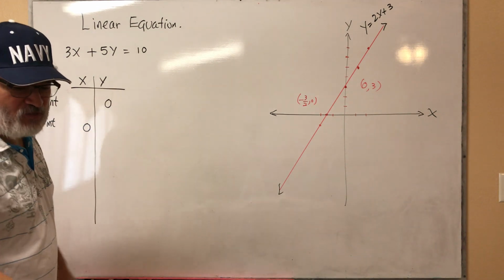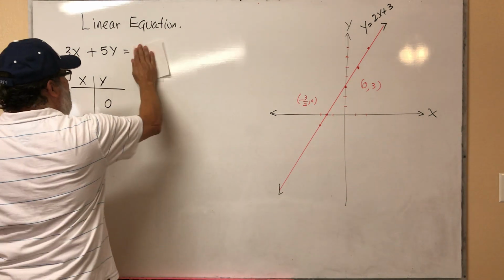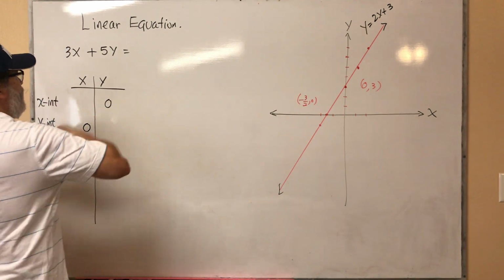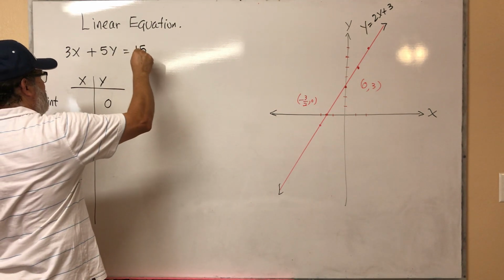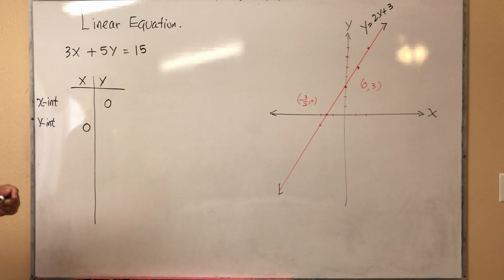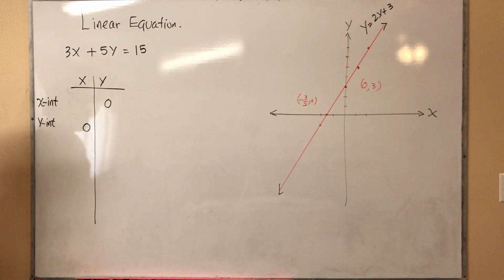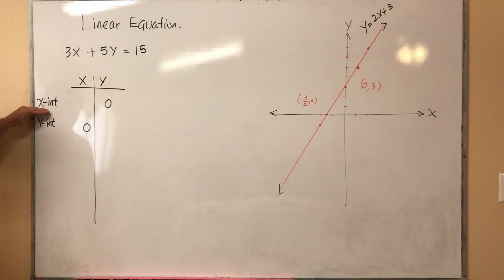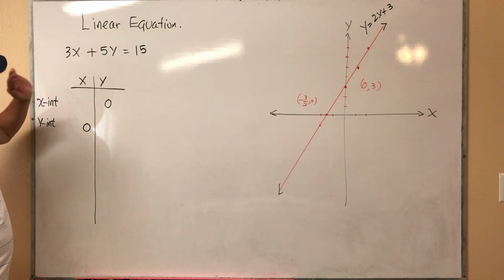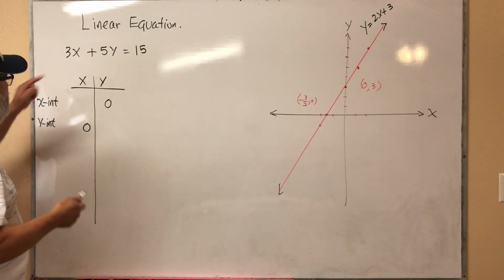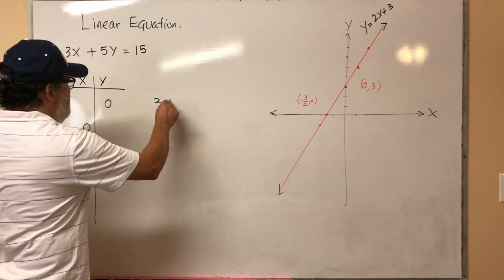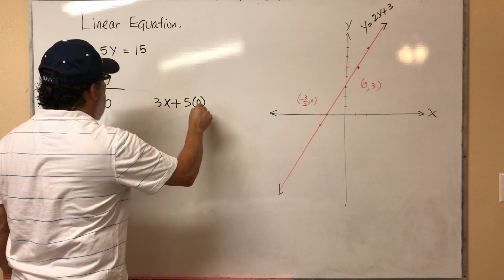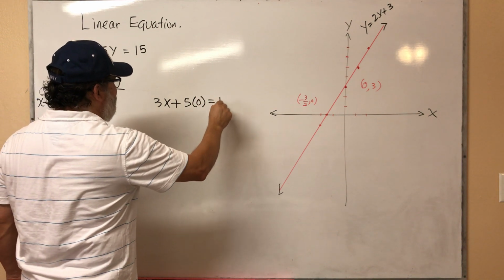By the way, let me change this to 15. It's easier. I'm going to change this to 15, to make it easier for you guys. Same thing. The x-intercept, let y be 0. I'm going to plug in 0 for y. Watch this. 3x plus 5 times 0 equals 15.